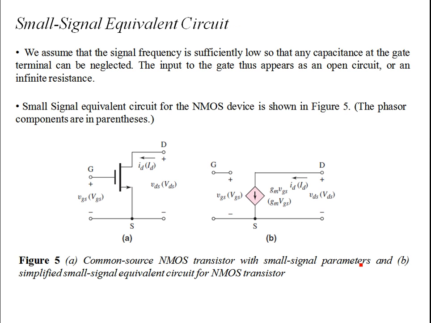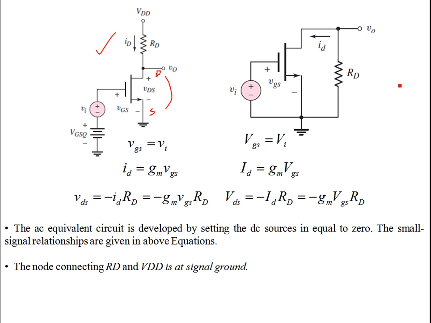Now if you compare this with the NMOS device, it was into the drain. The current direction is into the drain. So basically the current polarity of ID is changed. Otherwise, when the transistor is operating as a linear amplifier, this is the transconductance amplifier. So it is still given by g_m, where the input is VGS and the output is ID.